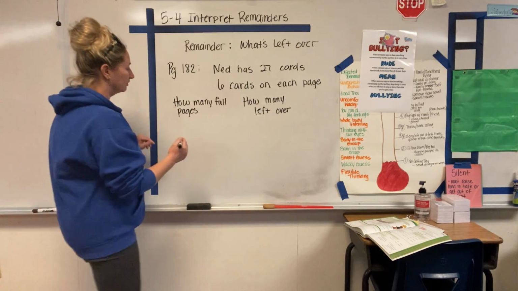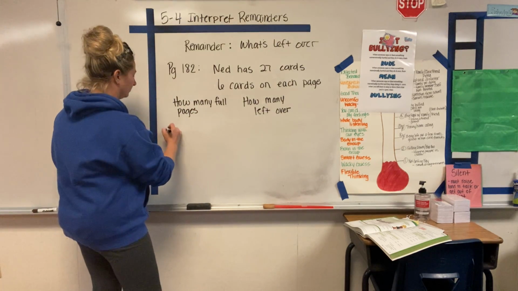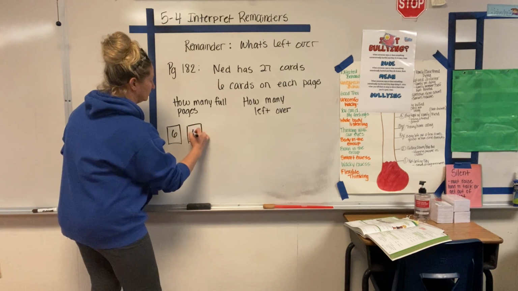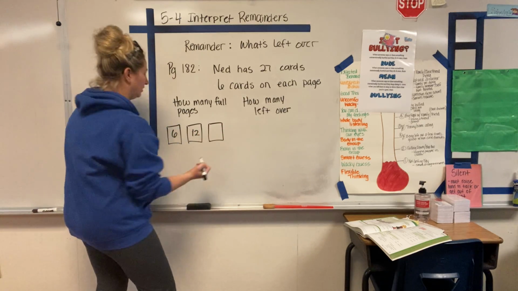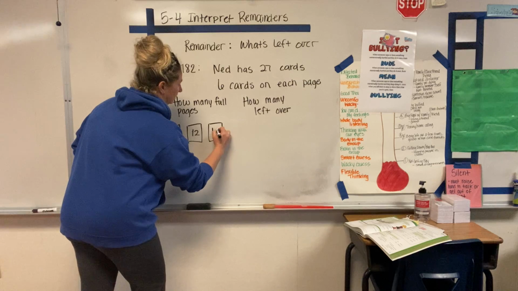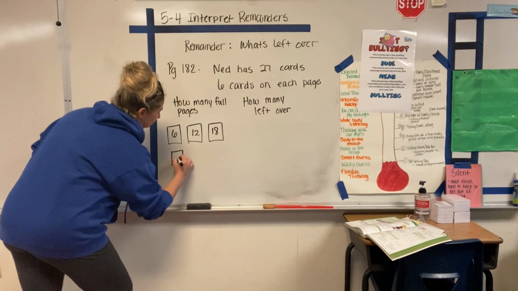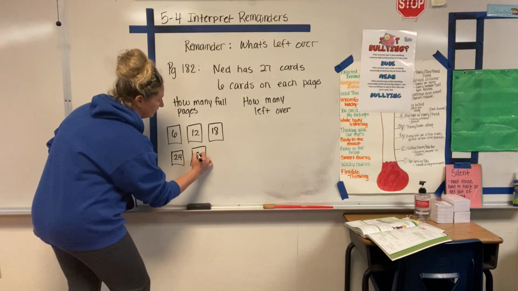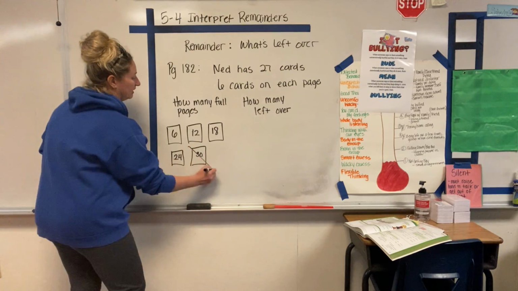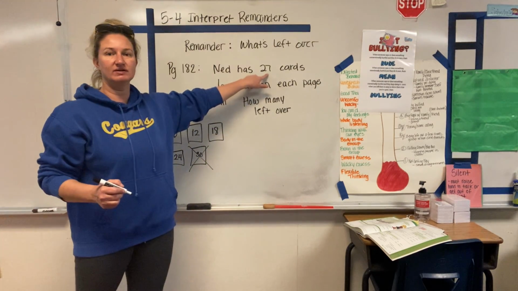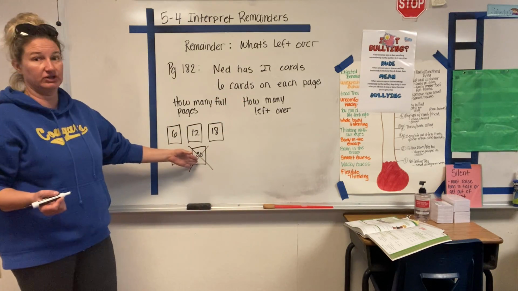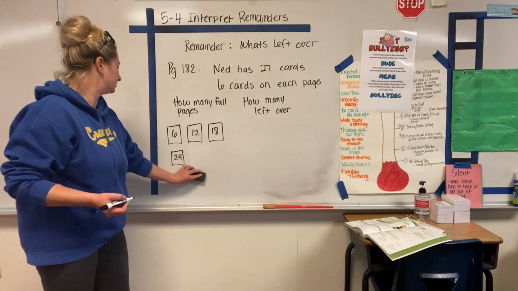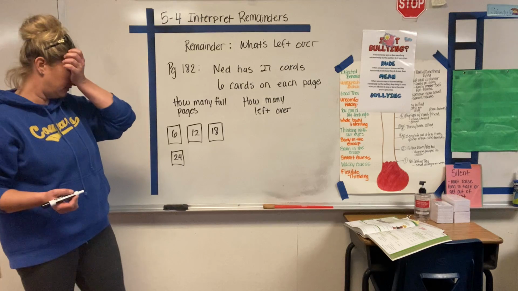So 6, and we'll call those the pages. 6, 12, 18, 24, and then my next multiple would be 30, but I can't use that one because it went over 27 and I only have 27 cards. So I have to stop at 24.